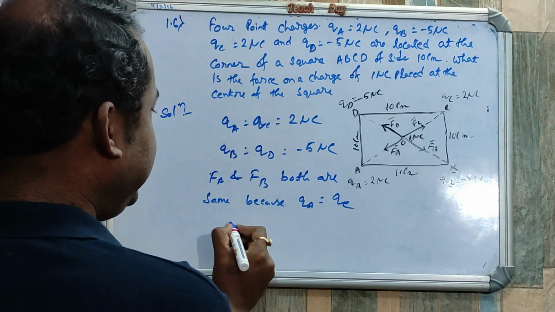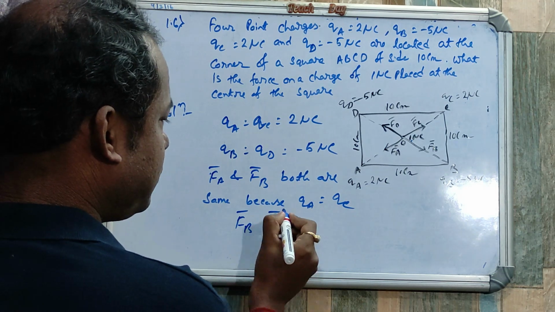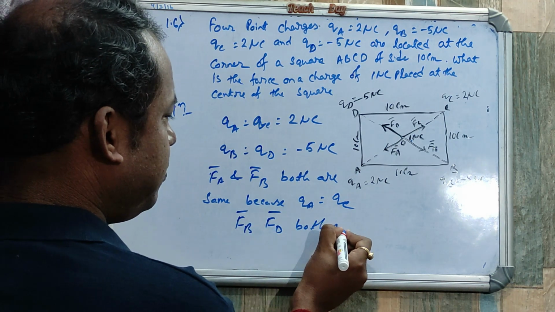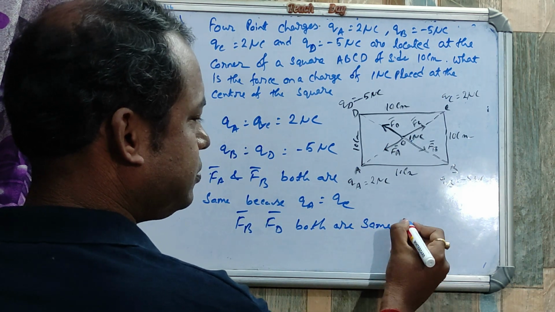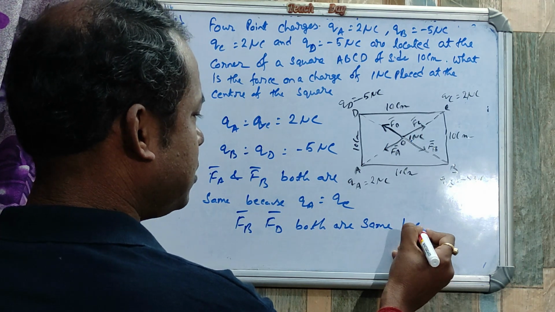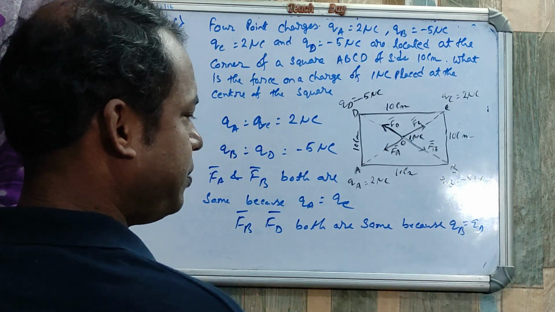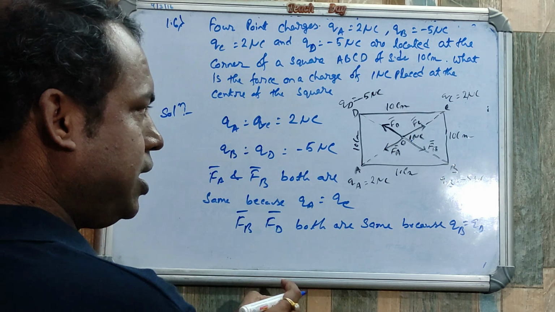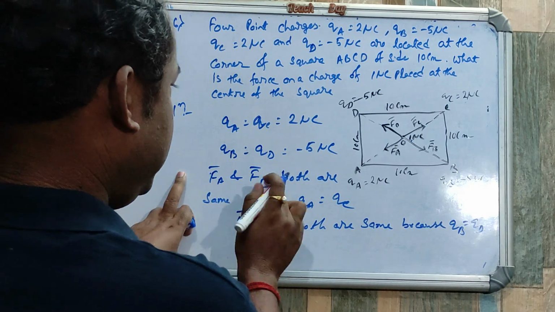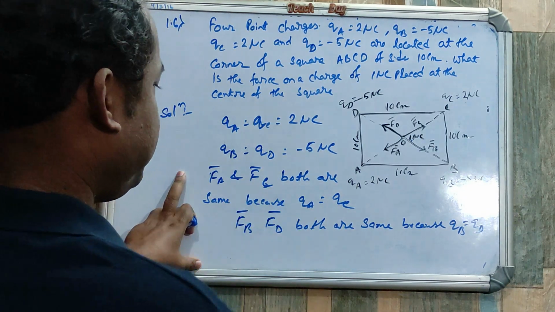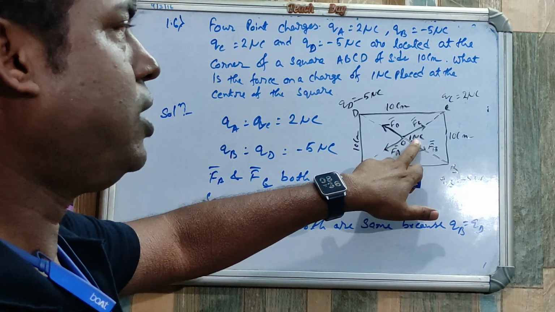In the same way, we write the forces FB and FD are both the same because QB equals QD. What are the forces FA, FB, FC and FD? Both are forces due to the 1 microcoulomb charge at the center.